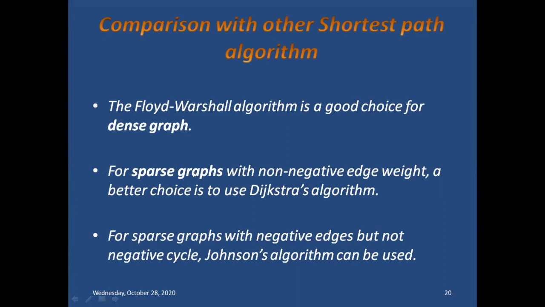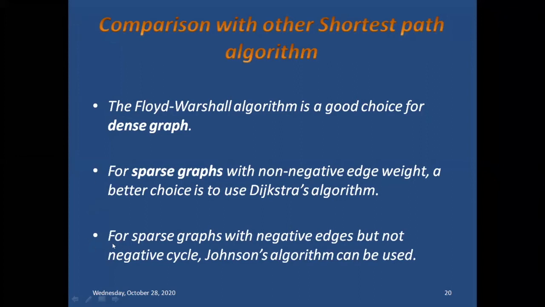For sparse graphs with non-negative edge weight, a better choice is to use Dijkstra's algorithm from each possible starting vertex, since the running time of repeated Dijkstra is better than big O of E V plus V square log V. The running time of the Floyd-Warshall algorithm is significantly larger than that.